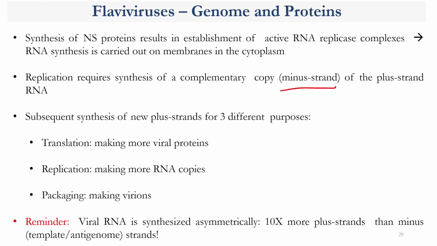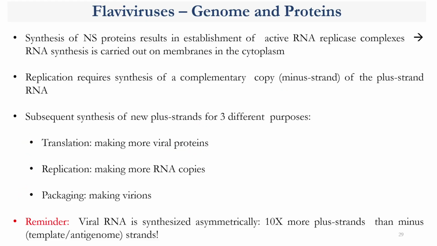Then you replicate that to make more positive strand genome, okay? So you get new plus strands, and they are used for 3 different purposes. One is you can also start translating them because they can be translated. So you make more of the viral proteins. You carry out replication to make RNA copies of the genome. And lastly, making of the virions by correctly packaging the whole virion, okay?